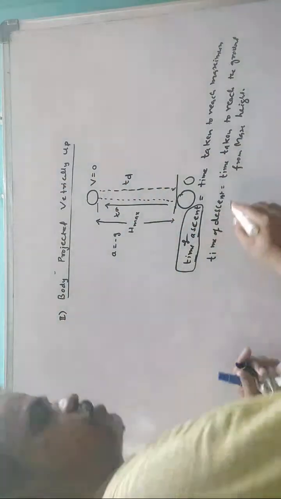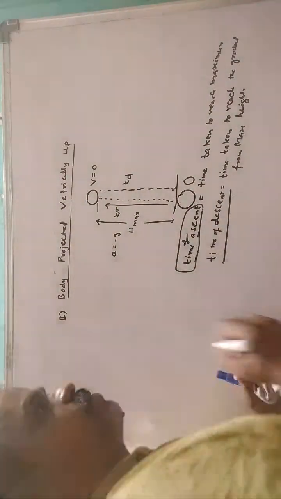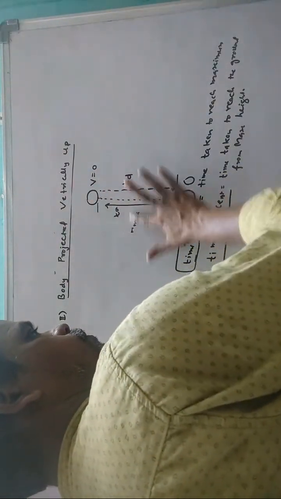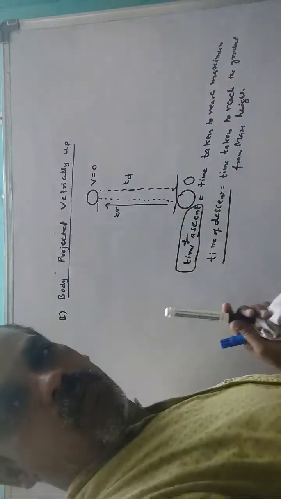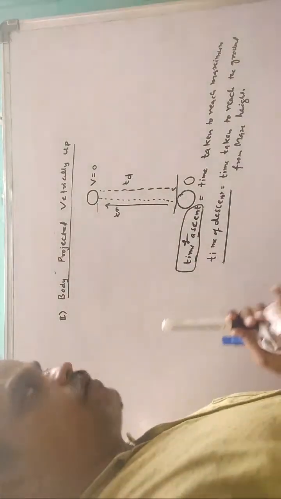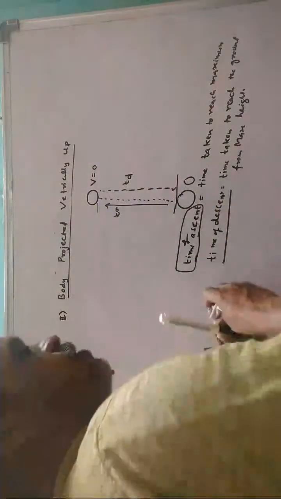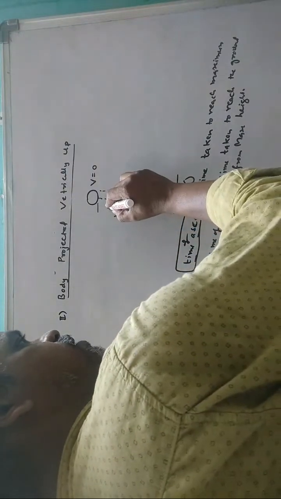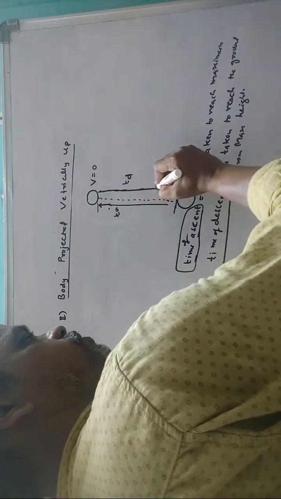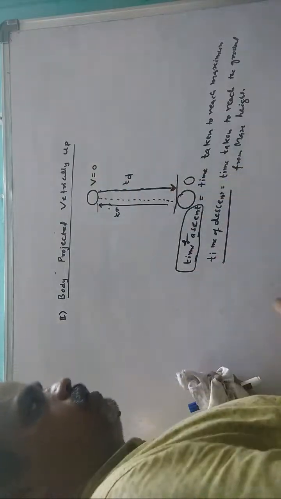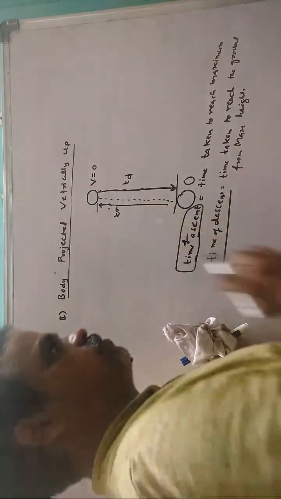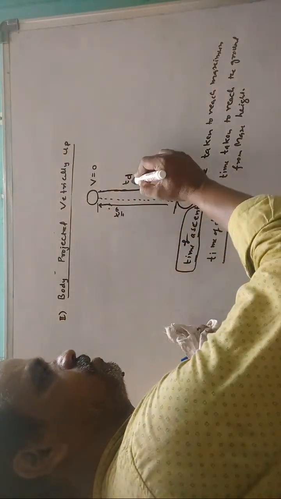So two words I introduced to you: time of ascent, time of descent. This is the time taken to reach maximum height, and this is the time taken to reach the ground.